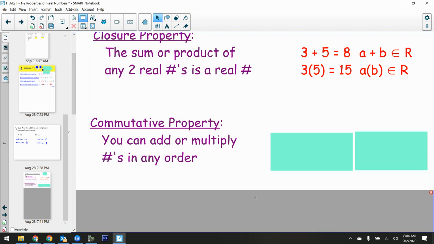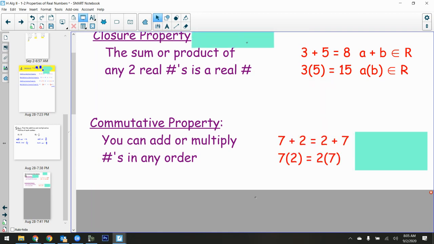It's raining. The commutative property. The commutative property basically says that you can add or multiply numbers in any order. Order is the key word there. Changing order is the commutative property. So if I have 7 plus 2, that's the same thing as saying 2 plus 7.